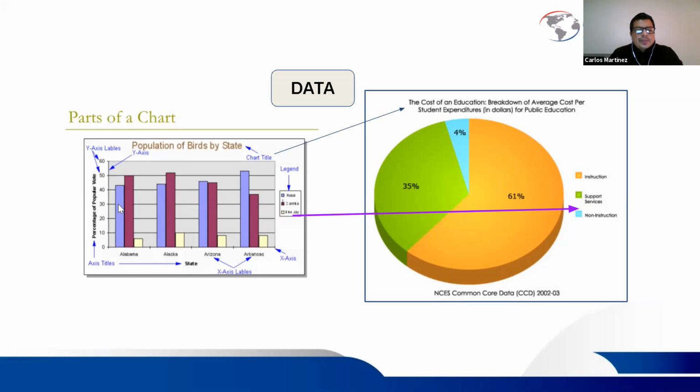So I can see the relationship. For example, in Alabama, the robin covers this amount, whereas this other bird covers this other amount, and finally the jay is the lowest of them all. Notice how in Alabama and in Arkansas there's a change in trends. Okay, but how do I know that this represents a bird and this represents another bird? Because of the legend. The legend is telling me what each bar represents.